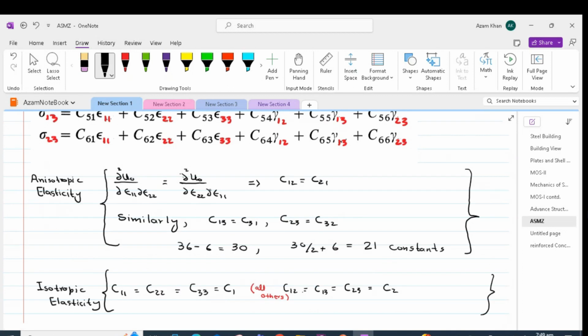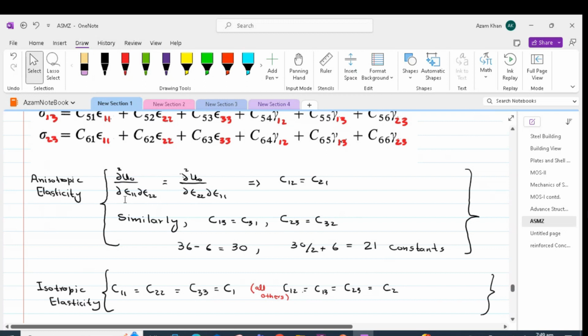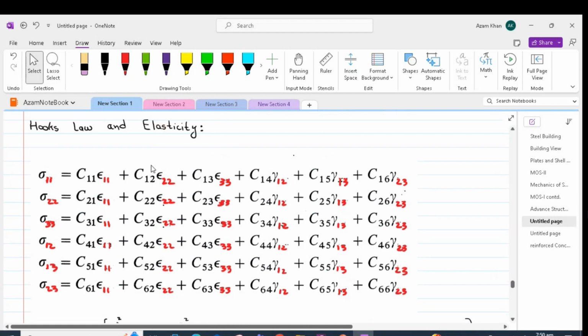These two expressions should be the same because partial 2 u naught by partial epsilon 11 partial epsilon 22 is equal to partial 2 u naught by partial epsilon 22 partial epsilon 11. And the reason they are equal is that we have a continuum, so there are no gaps in the material. By doing so, we get C12 equal to C21.